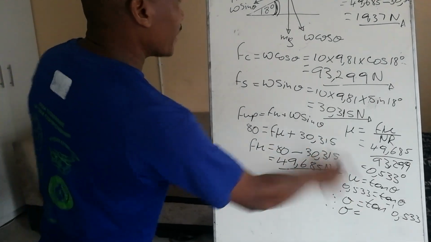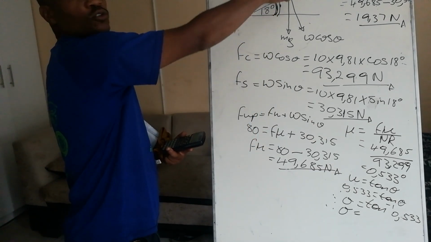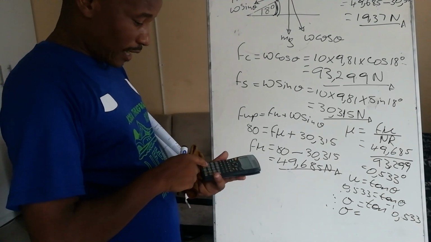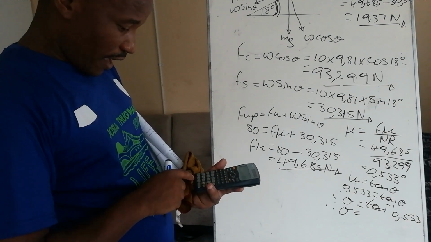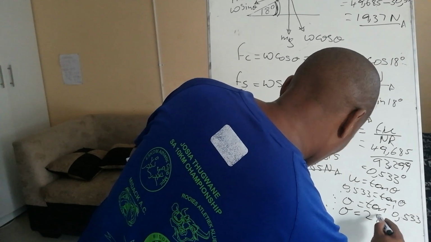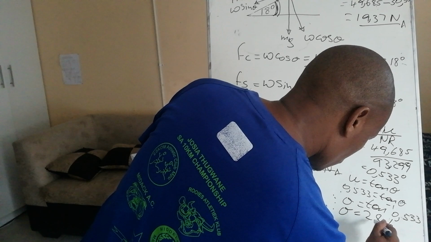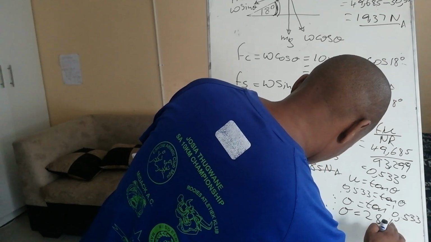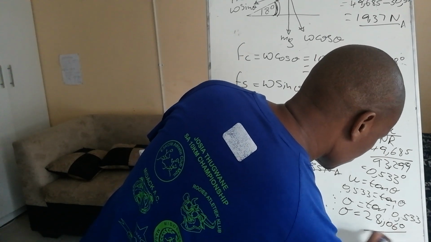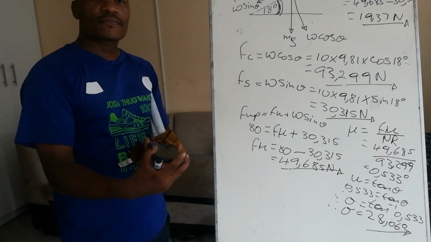We're expecting an angle greater than 18, such that if adjusted, this box should start sliding by itself. It's equal to 28.06 degrees. And you've got your 15 marks, guys.